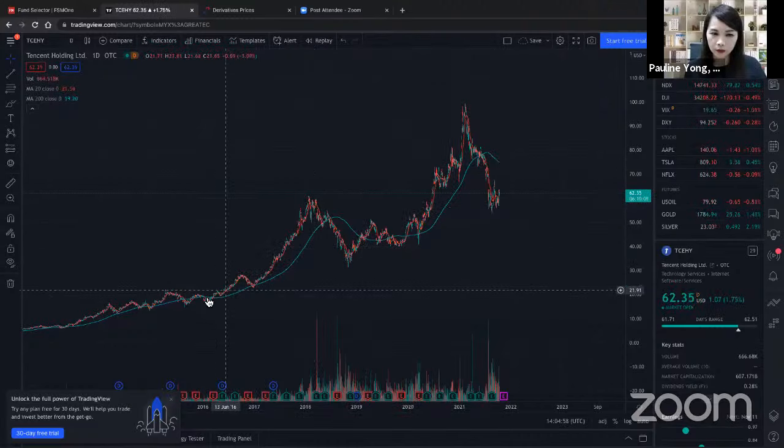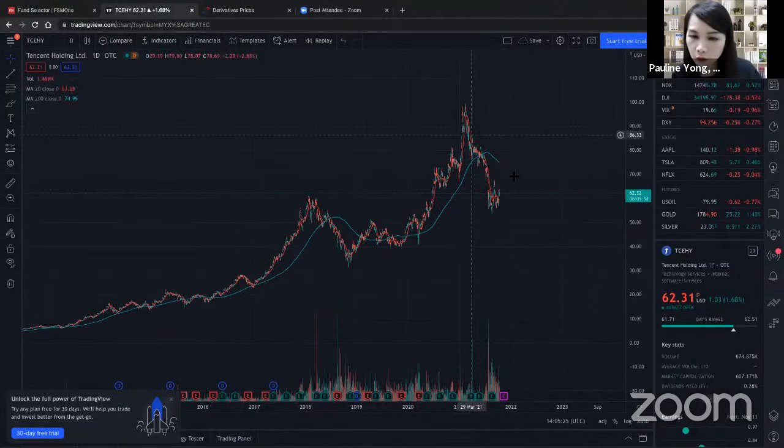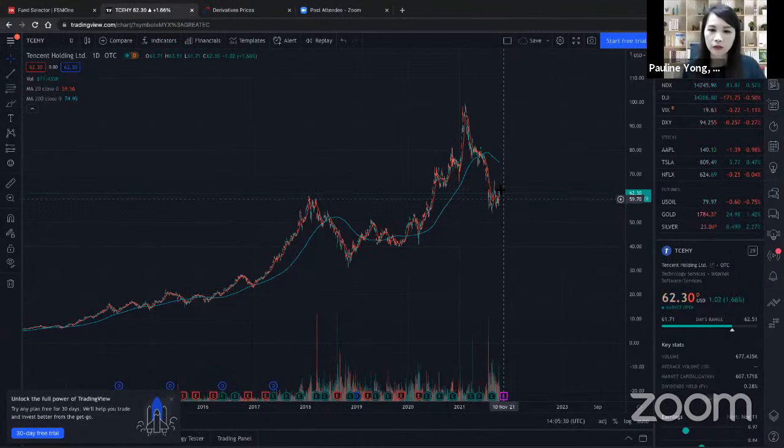So let's say we are looking at here, 1, 2, 3, 4, 5. So maybe we start from here. Okay, so 1, 2, 3, 4. Okay, and then 5 extended, and then A, B, C. Now the C is actually below here. So here we are looking at the beginning of a downtrend. This downtrend will be 1, 2, 3, 4. So this is wave number 4. So you are at wave number 4 here. Okay, so same as Alibaba. Tencent is same as Alibaba.